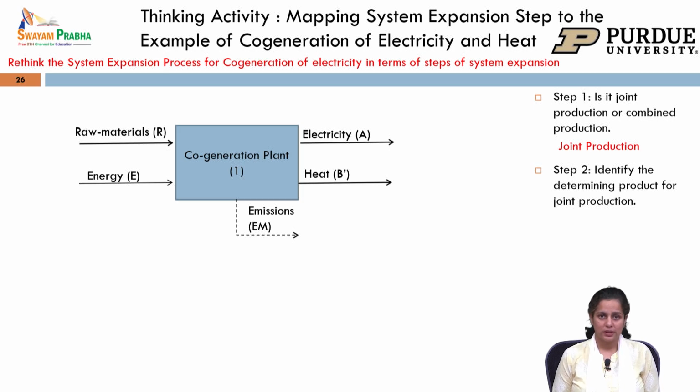If the goal of your LCA is to study the impact of electricity generation, then electricity is your determining product for this joint production. So, let us say electricity is our determining product. Take the next 30 seconds to think about step 3 and step 4 for the system expansion.